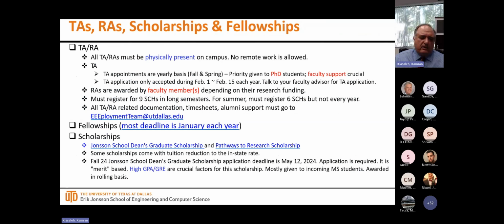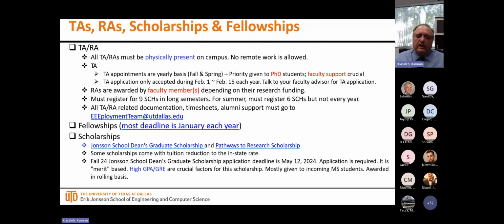Let me talk about TAs, RAs, and scholarships. We get a lot of questions about this. The TA and RA positions, which are supported positions, are offered by the department and the faculty. RA positions are exclusively offered by the research advisors, by professors. Please do not email me about your research assistantship, because I do not assign that.